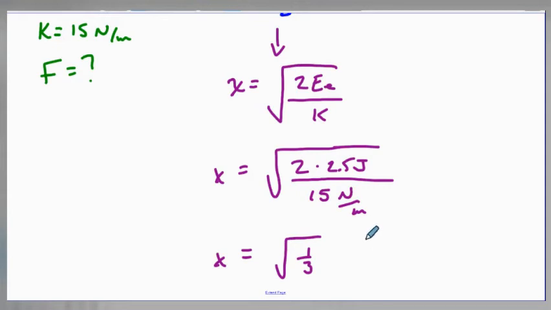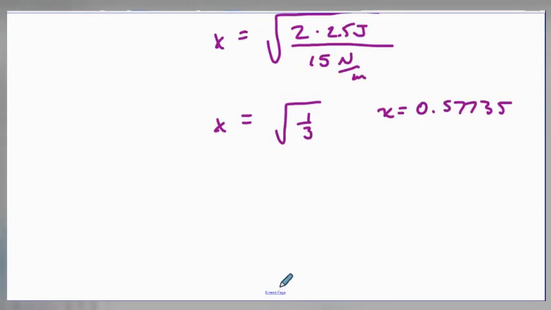Okay. Anyway, let's get that in decimals for those that don't like your radicals. So it's 1 divided by 3. So this is going to give us an x of 0.57735, just over half a meter. All right, then what we can do is take that and put it into our other equation, that the force is K times x.